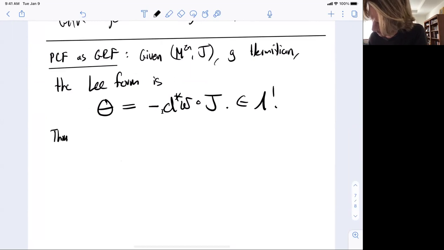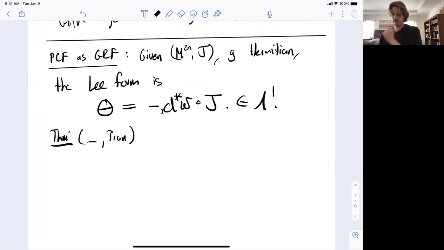theorem. I've not been very careful about accrediting, but this is from this earlier work with Tian.